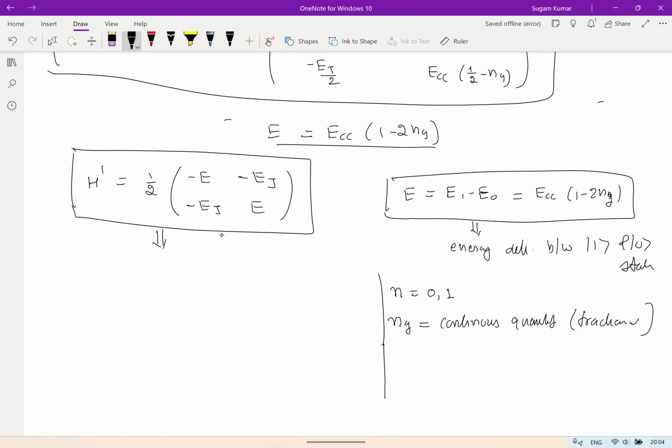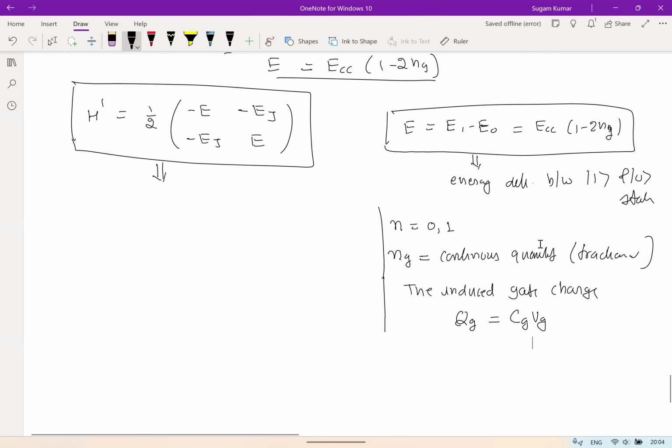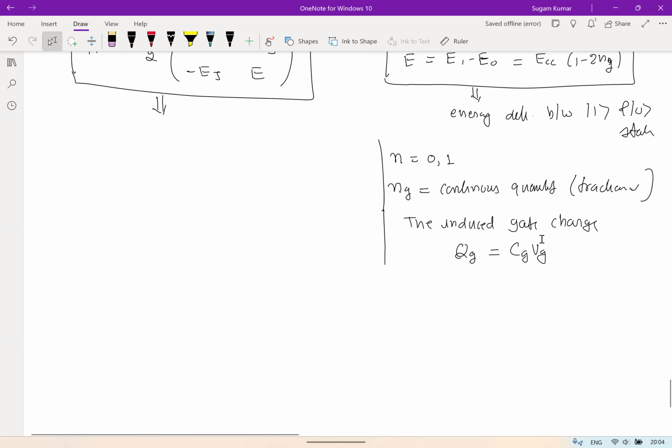See, look at the induced gate charge, right? So how much charge is induced, correct? Let me call that QG on the CG. This is equal to how much? This is going to be CG into VG, correct? On the capacitor that is called CG, if we apply a voltage of VG, then how much charge will develop?